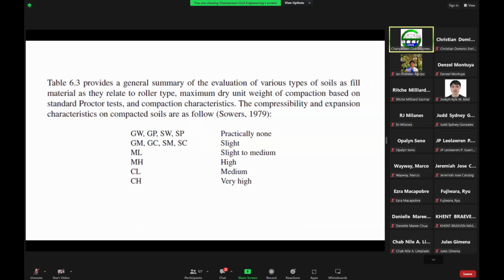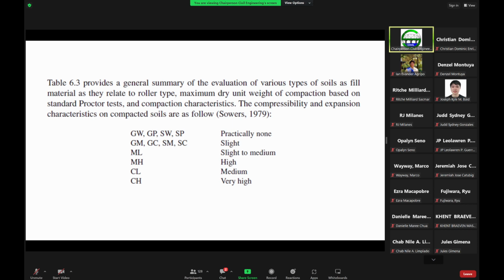In the following table that I will show you, it provides a general summary of the evaluation of various types of soils as a fill material as they relate to the roller type, the maximum dry unit weight of compaction based on standard Proctor test, and the compaction characteristics.